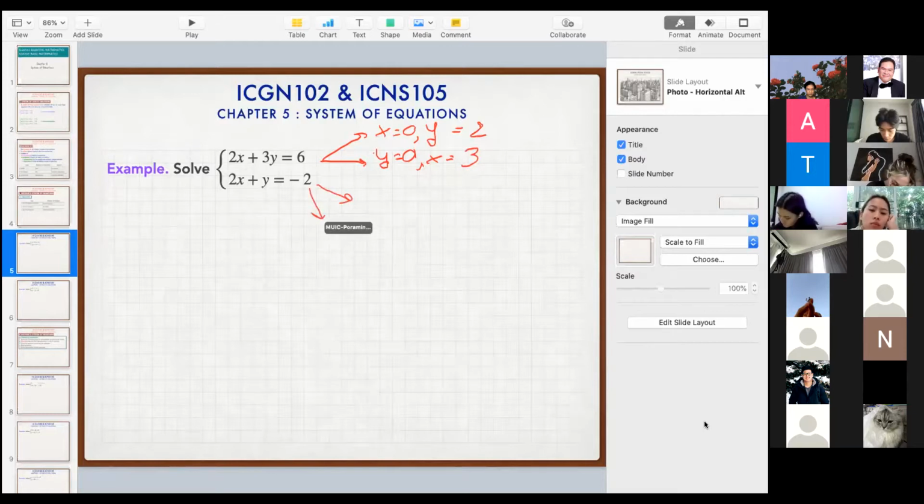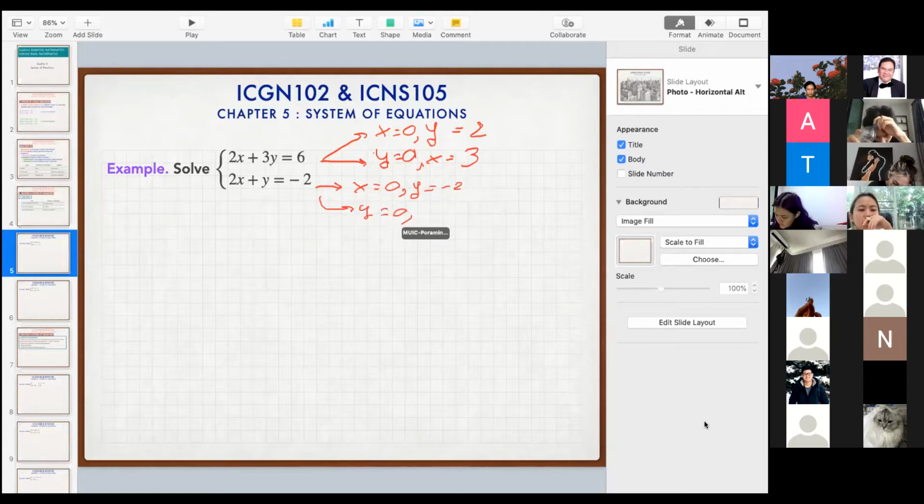When x equals 0, y equals negative 2. That's right. And when y equals 0, x equals negative 1.